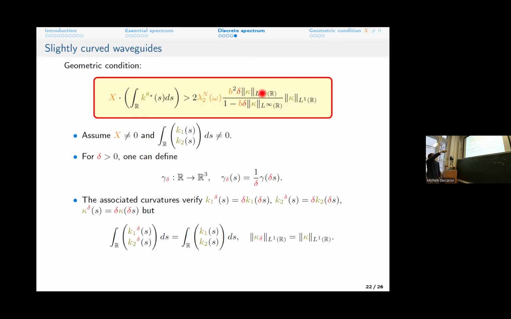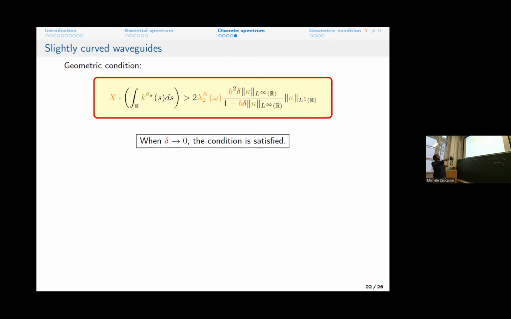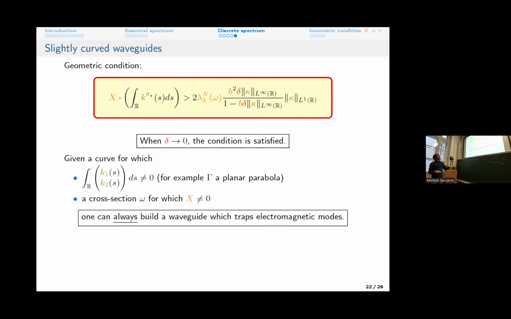But the L infinity norm of the curvature will scale with the parameter delta in front. And so if delta goes to 0, the right-hand side goes to 0. So eventually, this condition will be satisfied. This means that if we are given a curve having this property, which we show in the paper for a planar parabola, and a cross section for which X is not 0, such as a triangle, then the condition holds.